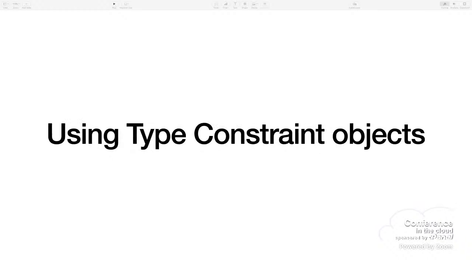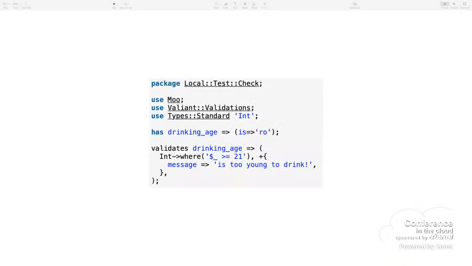Okay, so there's a lot of different ways you can declare validations. You can do a subref. You can do subclasses of Valiant Validator, as I showed you. But you can also just simply use any of the standard validation type constraints that are on CPAN. A lot of people like Type Tiny, and this is an example of using Type Tiny.